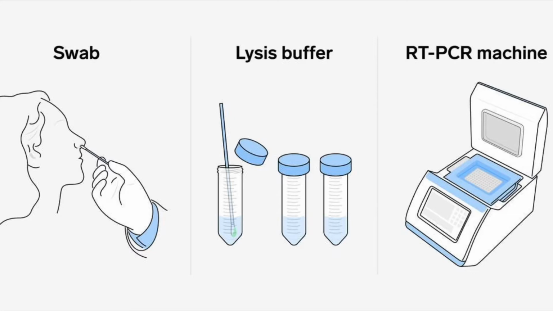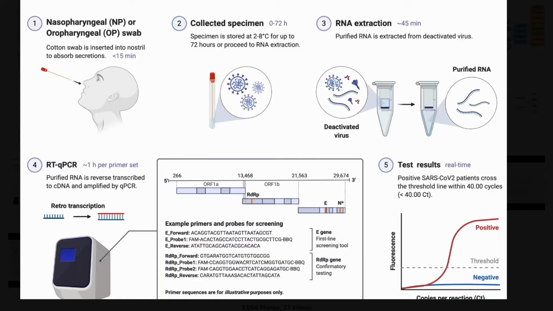And then there is a pre-PCR step, which is done through a lysis buffer. We're going to look at this in more detail in a bit. And then there is the RT-PCR machine, which is obviously the last step, and then the sample is placed there, giving us the results.